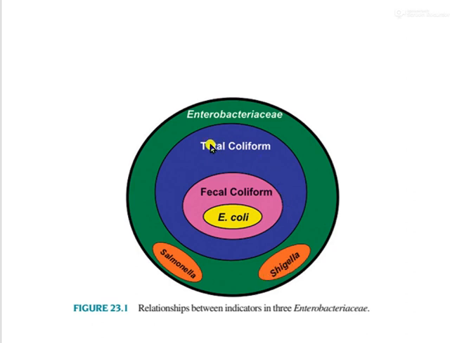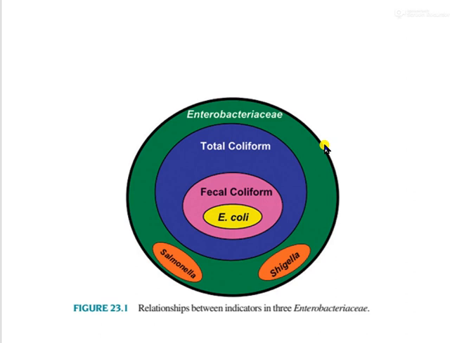And among these total coliforms, we are in fact searching for the coliforms which are the indicator organisms. And among these, the fecal coliforms are very good indicator organisms, which indicate that fecal pathogens are present in the water. And among the fecal coliforms, we specifically check if Escherichia coli is present within the water.